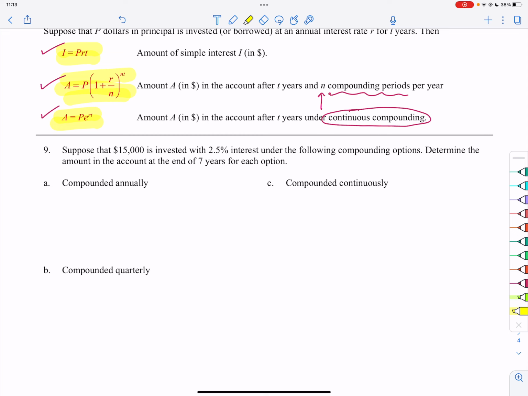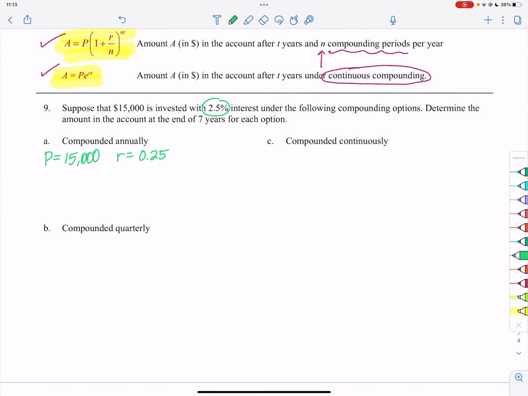So let's take a look at number 9. We have $15,000 invested. So our principal amount is $15,000. We have a 2.5% interest rate. So r is 0.025. We are compounding annually, so n is equal to 1, and we want to know how much is in the account after 7 years.